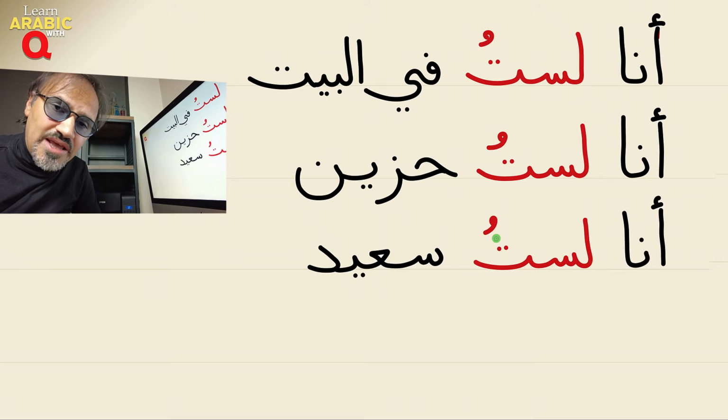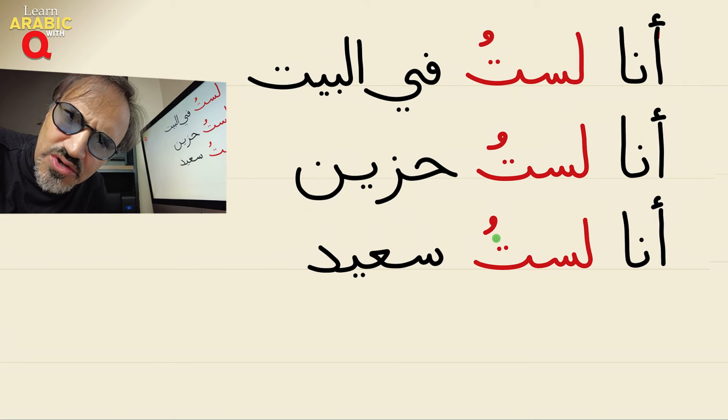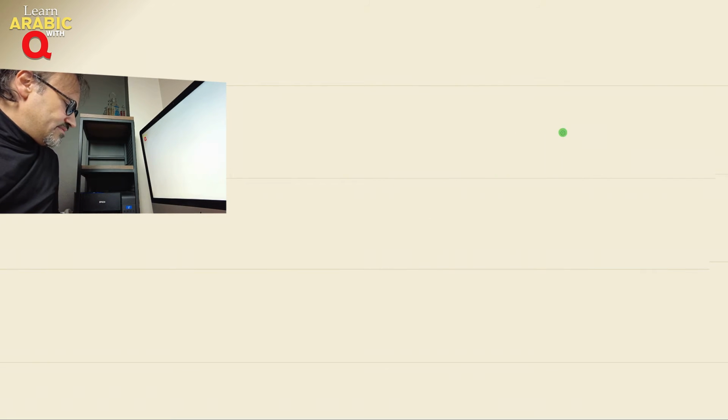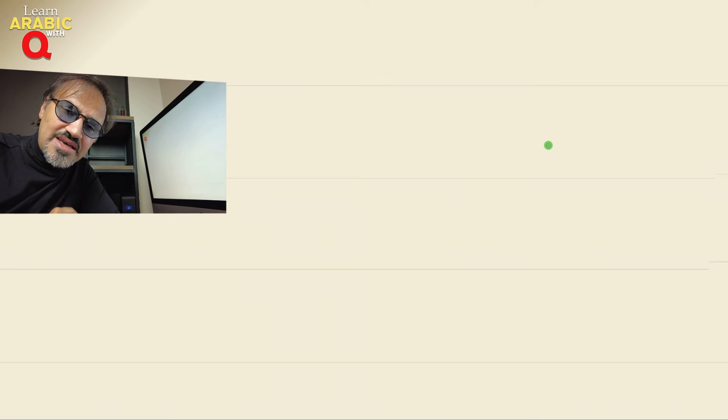Okay? Now we're going to learn how to say you are not happy. We're going to get into the ability to accuse someone of not being happy. Here we go. Let's erase these. Now, when we talk with the second person, which is we're talking with you, we're going to say لست.